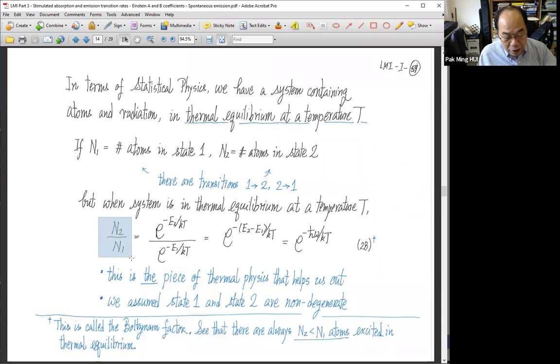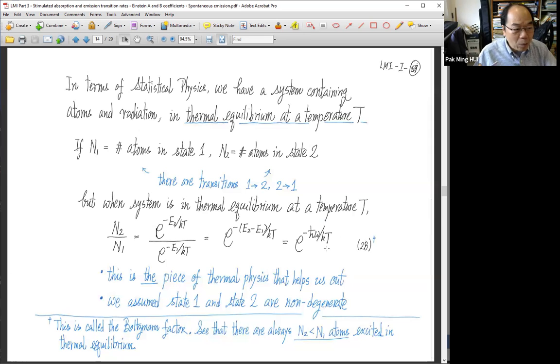The ratio N2 over N1 is given by this exponential of minus the energy difference, which is positive, E2 minus E1, divided by kT. Or, because we have already defined this divided by h bar as omega 2,1, it is h bar omega. All right, so N2 over N1 is this. We will be using it in the derivation. And that is as much statistical physics or thermal physics as we are using here, nothing more.